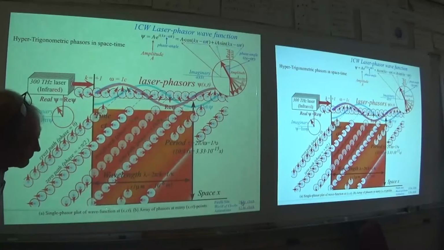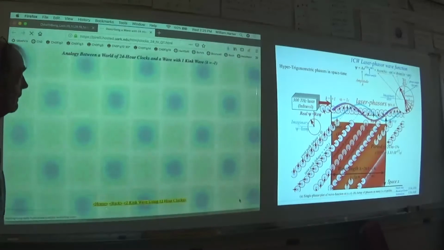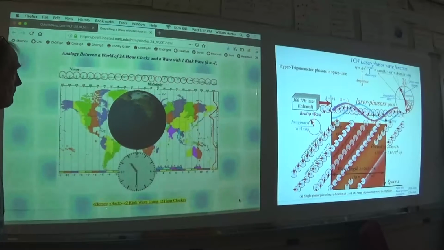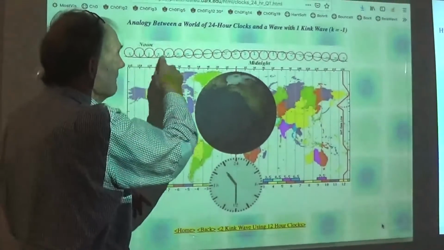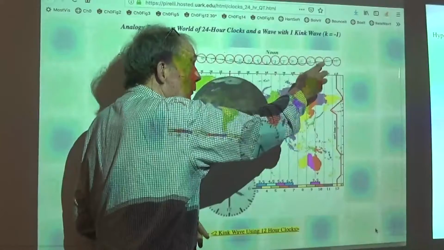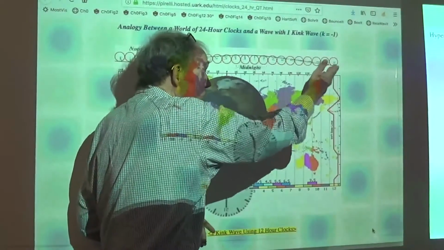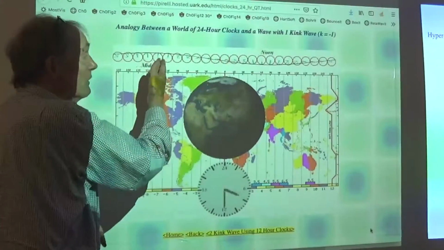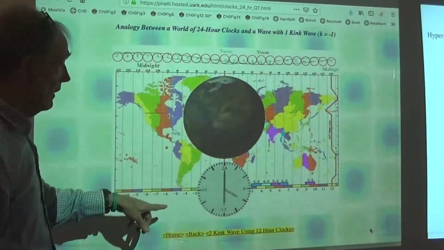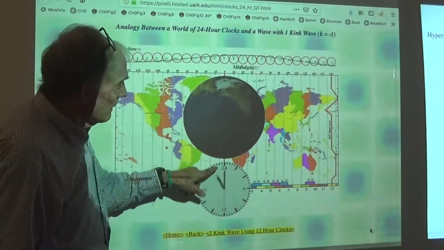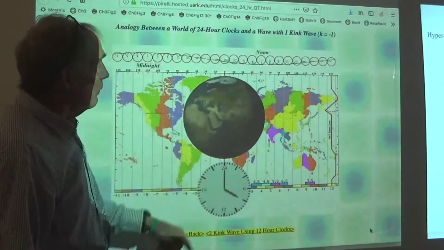Let's start off with a European clock. See if this will work here. Yes. Okay, so here's the Earth turning, and there's the time. If we had matching zones all the way through most of the industrial world, those clocks are just as you show there, and this is a 24-hour clock. There's 12 hours, there's 24.